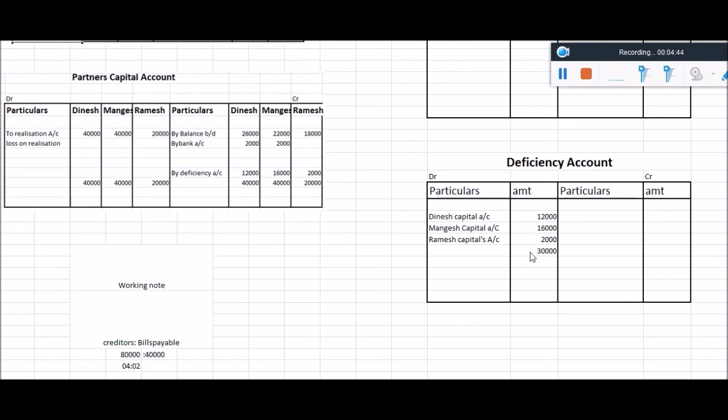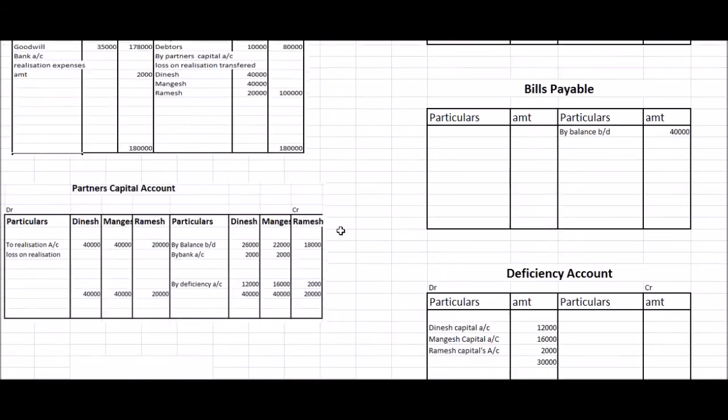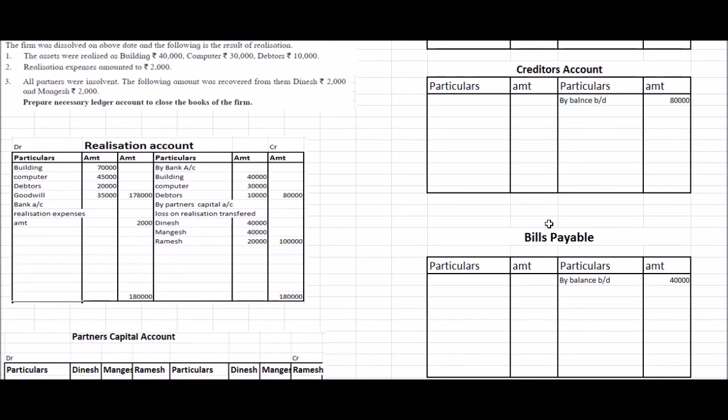Their total deficiency amount is 30,000 rupees. And while calculating the deficiency account, we need to take the opening balance of the liabilities, bills payable and creditors. Creditors amount is 80,000 rupees, and bills payable amount is 40,000 rupees.